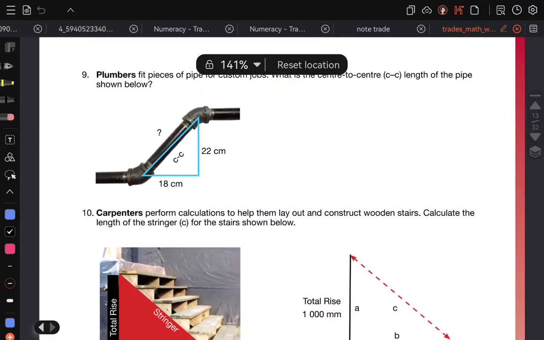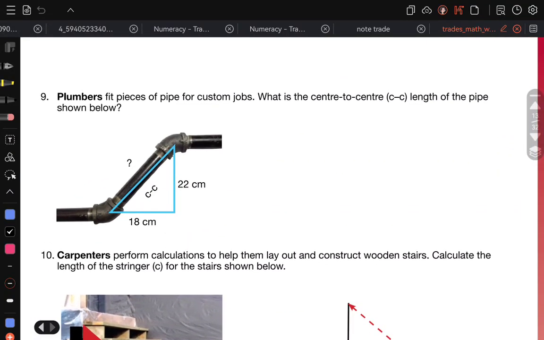Now let's go back to our question. From this question you can see the center-to-center length of the pipe shown below. Let's say this one is A, this one is B, and this one is C. How can we solve this kind of question?